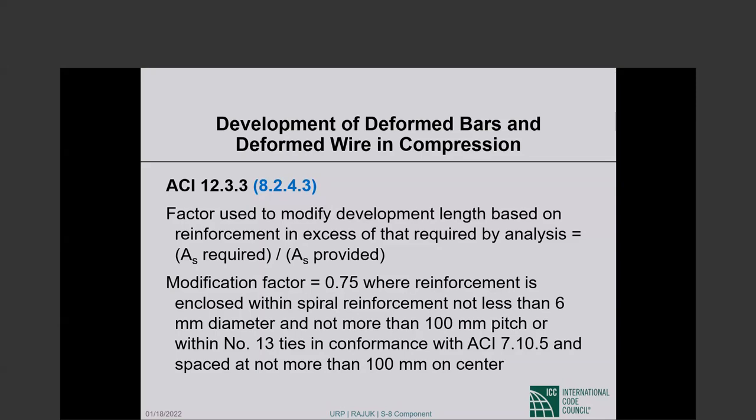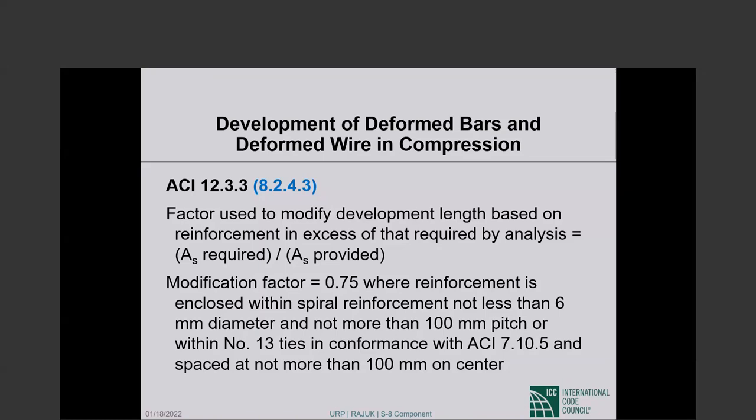You get to reduce the required development length in compression by 25%, where your compression reinforcement is enclosed within spiral reinforcement, not less than 6 millimeter in diameter and not more than 100 millimeter pitch, or where your compression reinforcement is within number 13 ties in conformance with ACI section such and such, and spaced at not more than 100 millimeters on center.